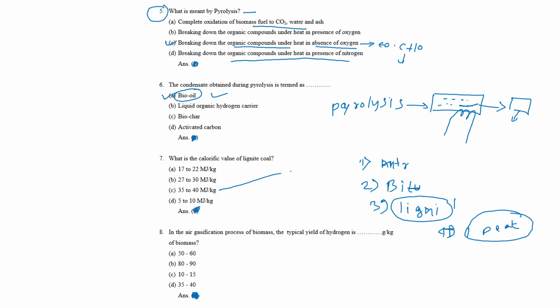Lignite is 27 to 30, and bituminous is in between. Peat is very low, below 15.